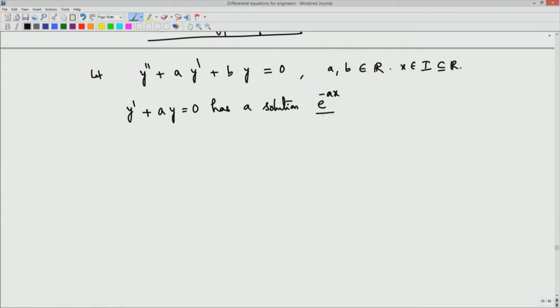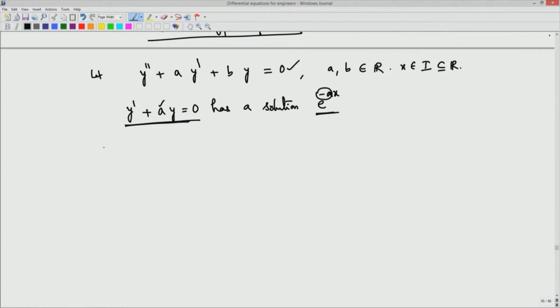So, it has exponential solutions, the natural exponential of some constant times x. Having known that the first order linear ODE with constant coefficient has exponential solutions, this gives us a hint to imagine that the second order equation will also have such solutions.